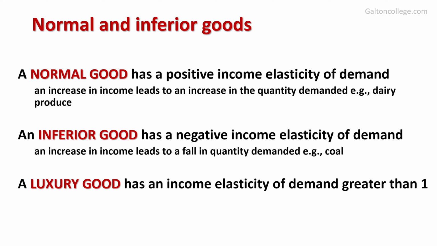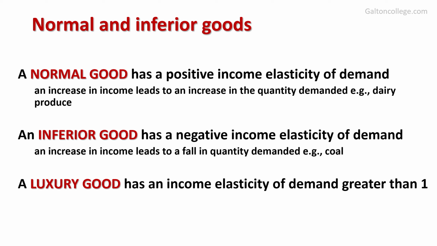If, as incomes increase, we buy less of the good, we call it an inferior good. The good itself is not inferior in terms of quality. It's just the relationship between income and demand. As our incomes rise, we buy less of something. That's an inferior good in economics.